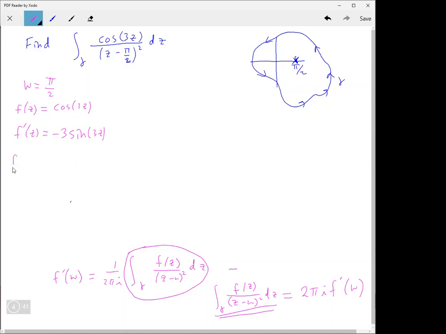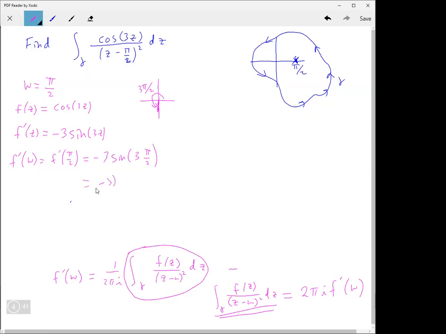Okay, so f prime of w, which is pi over 2, is going to be negative 3 sine of 3 pi over 2. Okay, what's sine of 3 pi over 2? Well, 3 pi over 2 is down here, right? Yeah, it's negative 1, right?